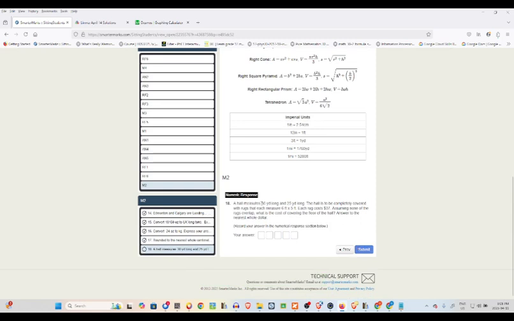Finally, a hall measures 30 yards by 25 yards. It's to be completely covered by a 6 by 5 foot rug. Each rug costs $37. Now, it's really tempting. 30 is a multiple of 6, 25 is a multiple of 5, to just say, okay, that is 5 times 5, that's 25 rugs.